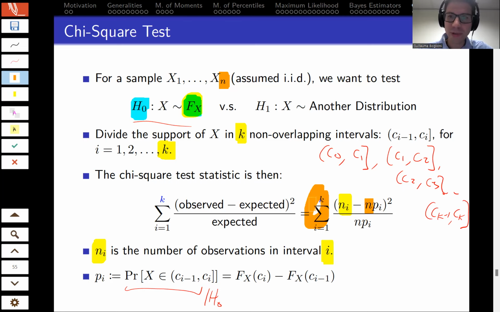If one is much smaller than the expected, but another is much bigger, without the square this would cancel out. And you divide each of those terms, there are k of them for k intervals, by the expected again. That's the test statistic.